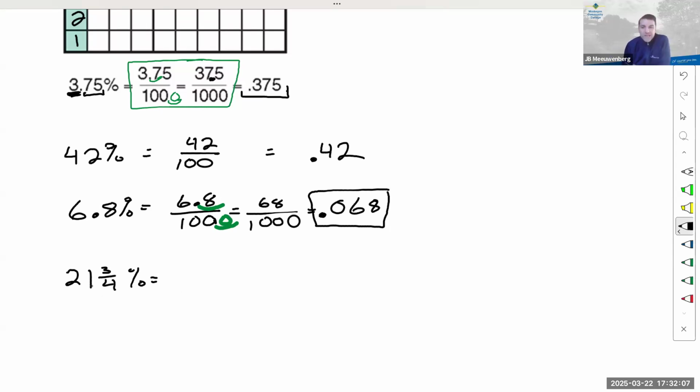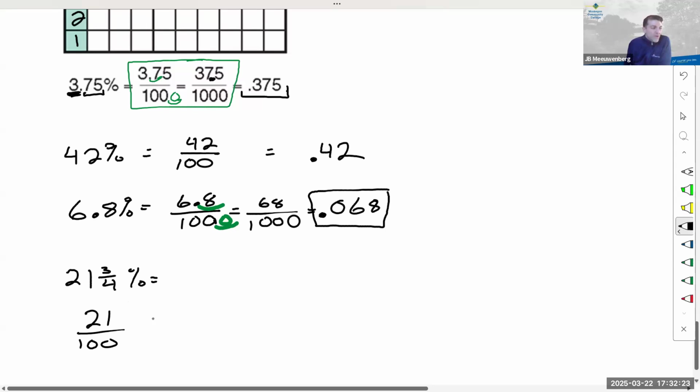We know because we are working with percentages that 21 3/4 is between 21 and 22%, right? So it's going to be 21 100ths or 22 100ths. It's going to be somewhere between those two fractions.